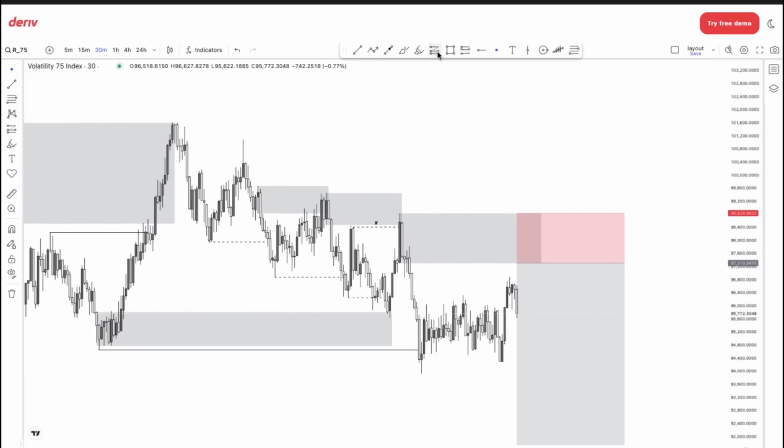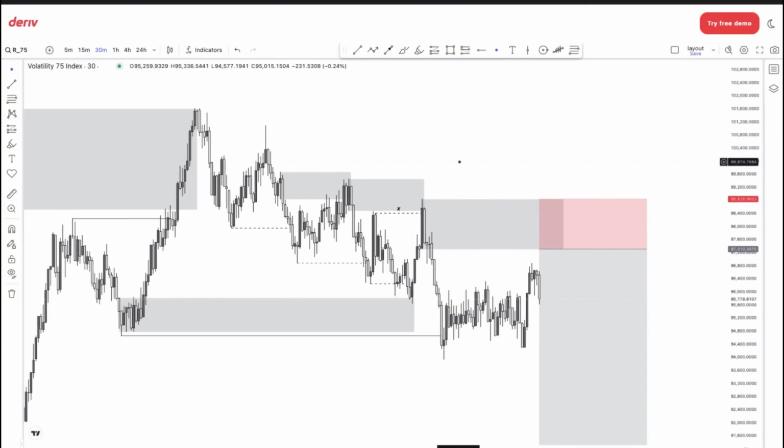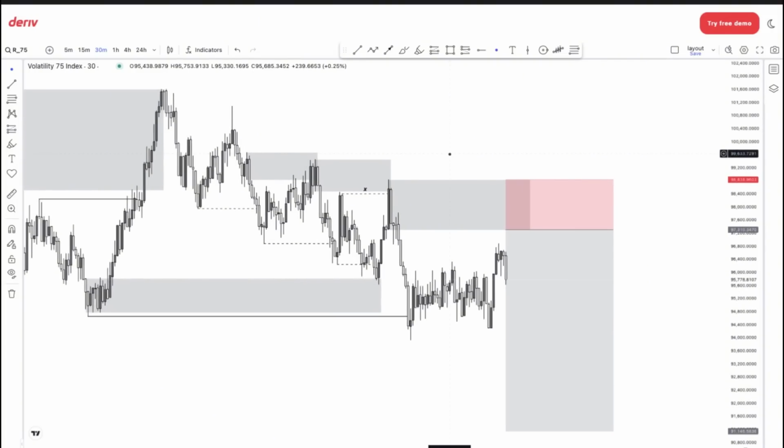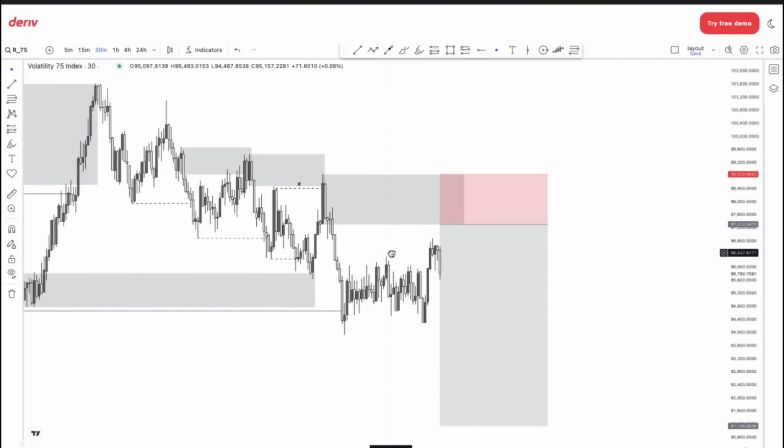And again, there's nothing wrong with looking for selling opportunities from these supply zones here. But for me, I don't like to trade based on internal structure. I normally wait for the swing structure to get invalidated first before I can start looking for any trading opportunities. So we eventually created that swing breaker structure, and then right now, it's a good time to potentially look for those entry confirmations.